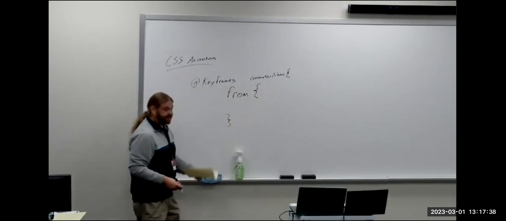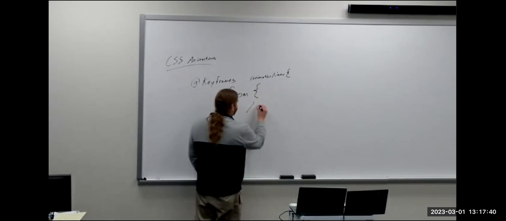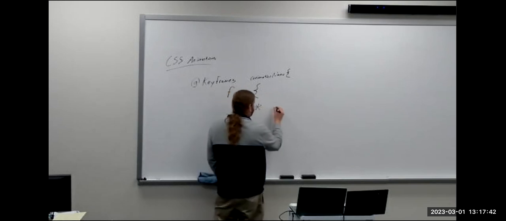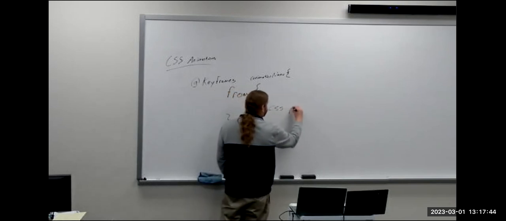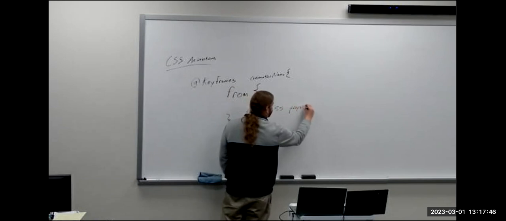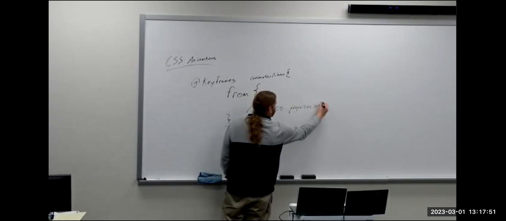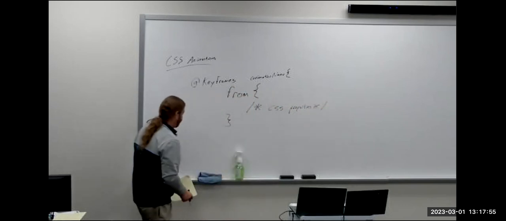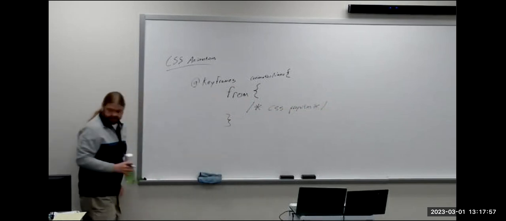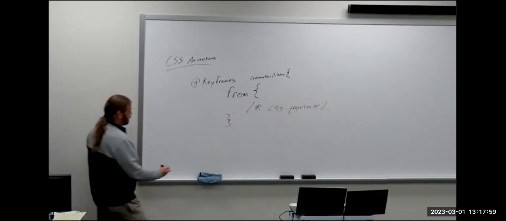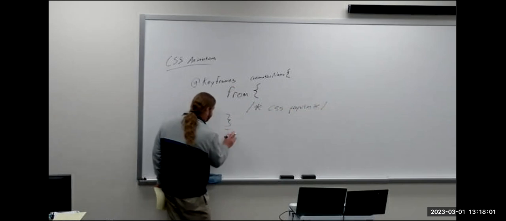And then in here, we just list a bunch of CSS properties. I'll write it like a comment. CSS properties. And then, if you haven't guessed already, we do one called to.